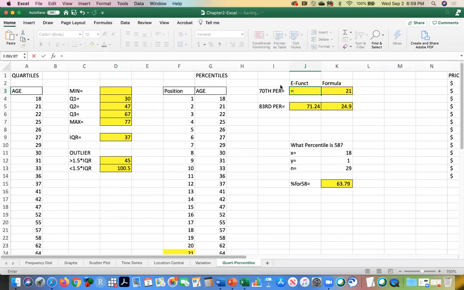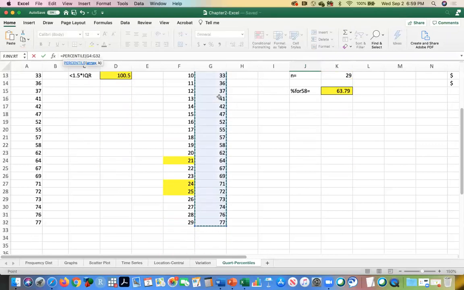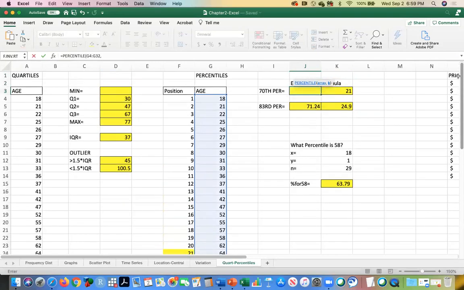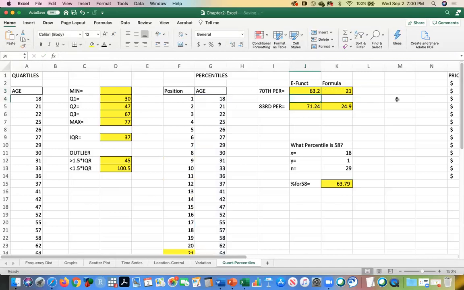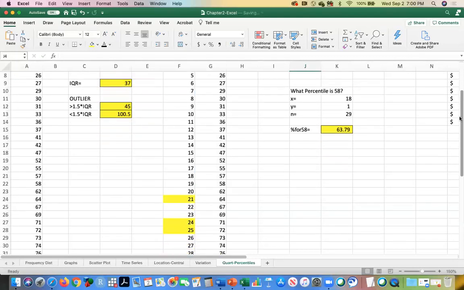I use equal percentile, the range, the array, comma, and I want the 70%, right? 0.7. That is going to tell me which number in this data represents the 70th percentile. In this case, 63.2 is the value that represents the 70th percentile.